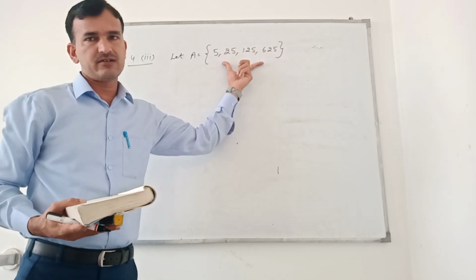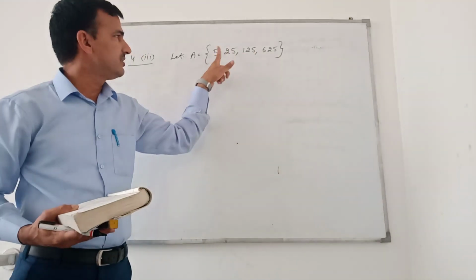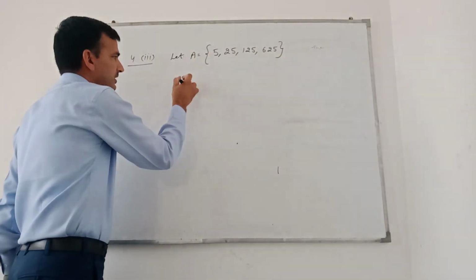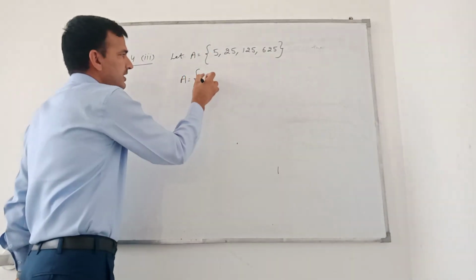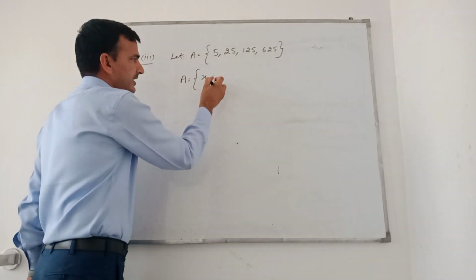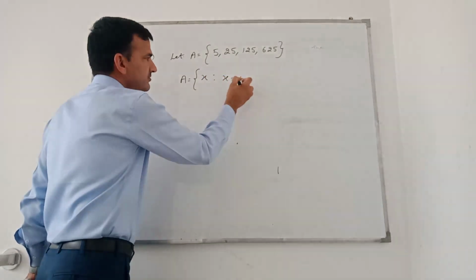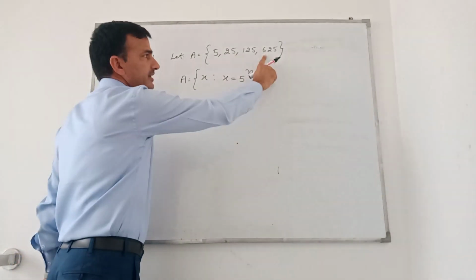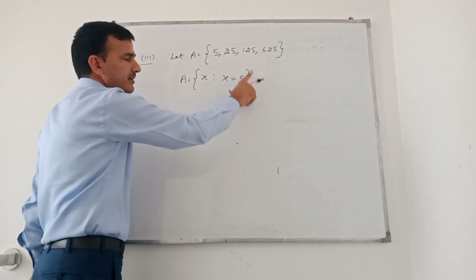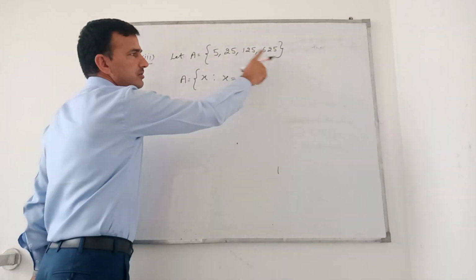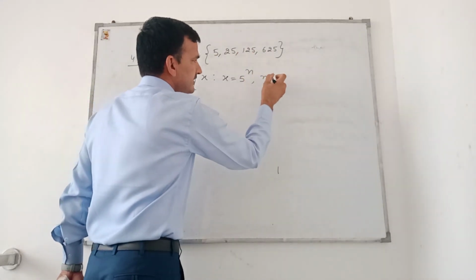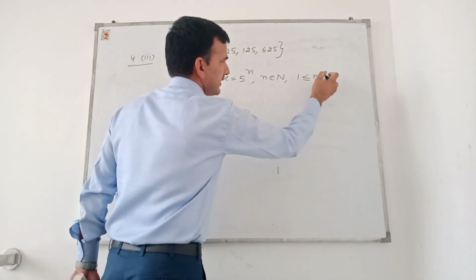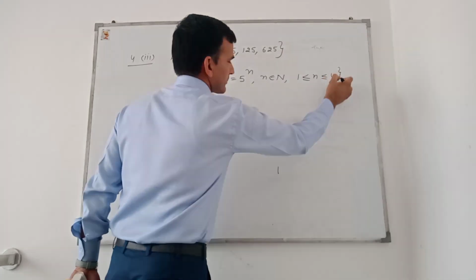These are all powers of 5, 5 to the power 1, 2, 3, 4. Then this can be written in set builder form as A is equal to {x such that x is equal to 5 raised to power n}, where n is a natural number and 1 is less than or equal to n less than or equal to 4.